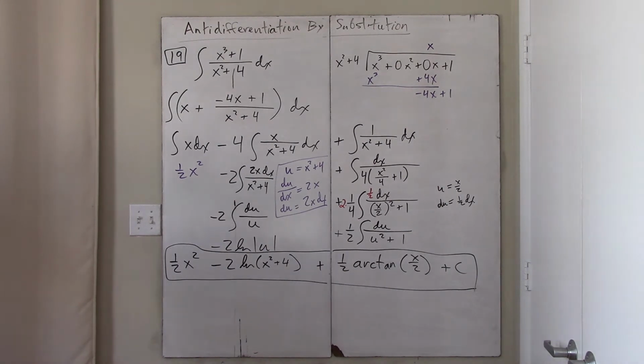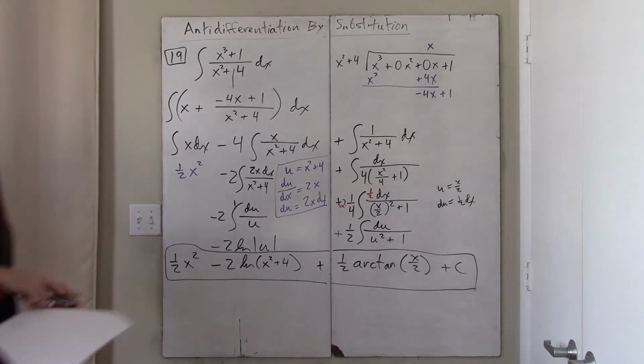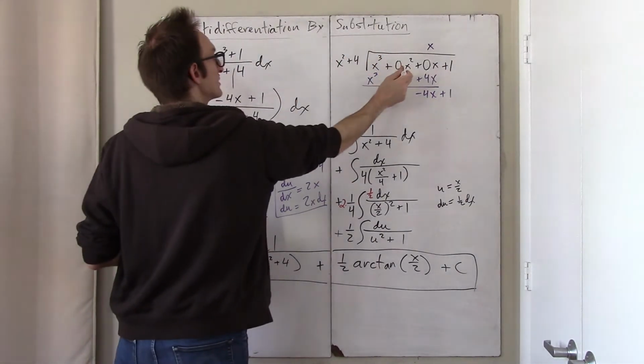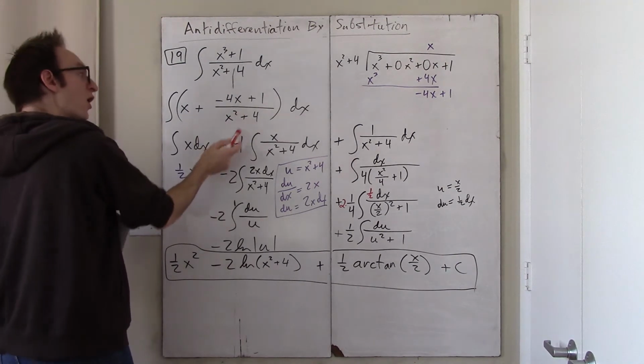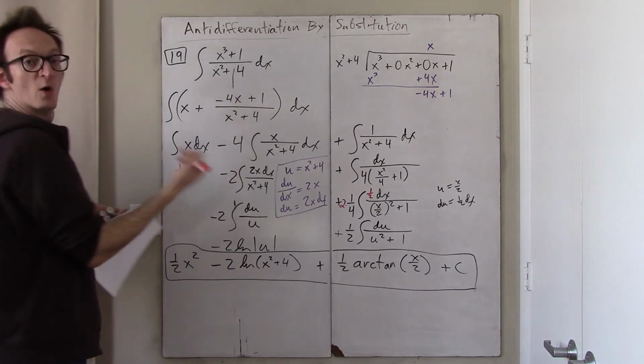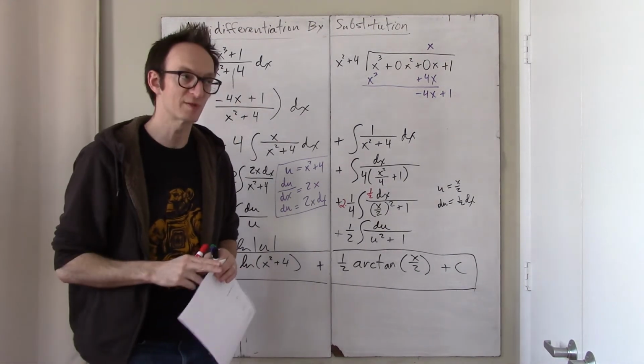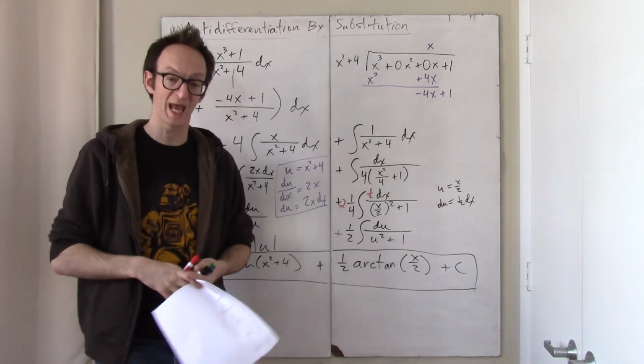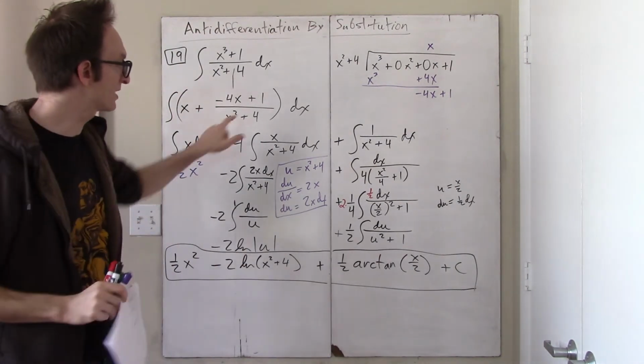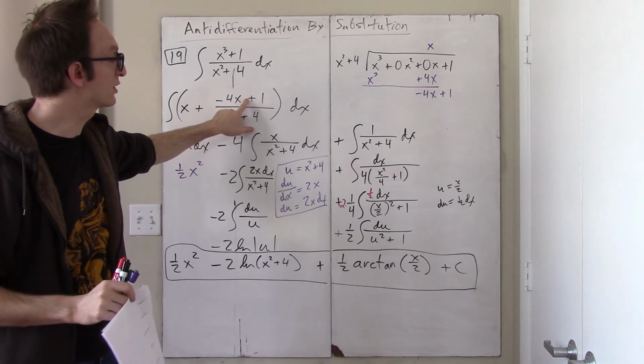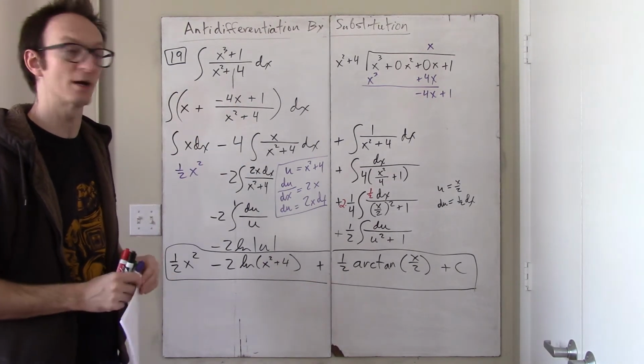It involved a lot of confidence in the general principles at play here. Rational function: do polynomial long division, break it up, and hope that the numerator is just the derivative of the thing in the bottom. After polynomial long division, it's always going to be the case that you have a polynomial in the numerator which is a degree less than the polynomial in the denominator.